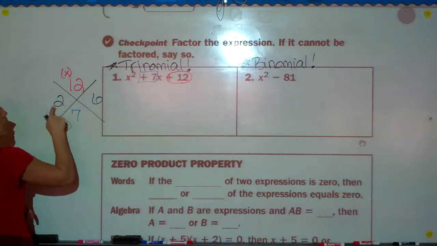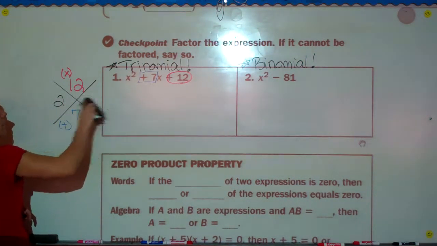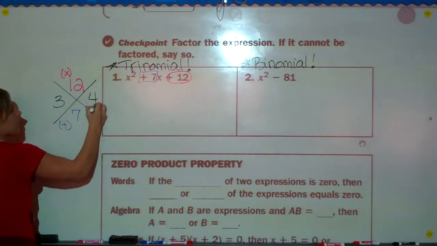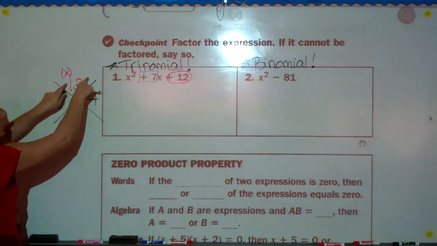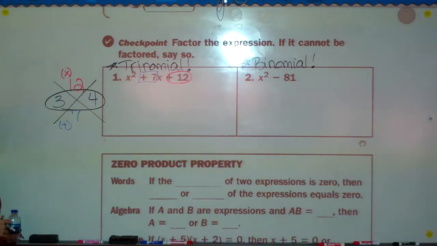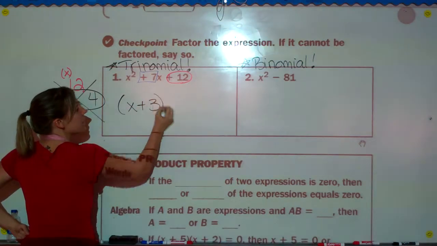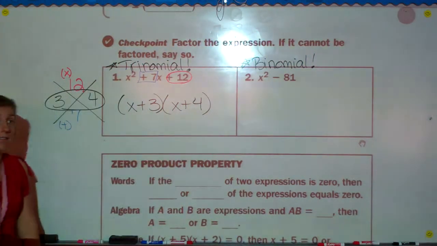They multiply to 12, but 2 plus 6 is 8, so that's not quite right. And then the last pair is 3 and 4. They multiply to 12, but they add to 7, so those work. So our factors are x plus 3 because it was positive, and x plus 4 because it's positive.